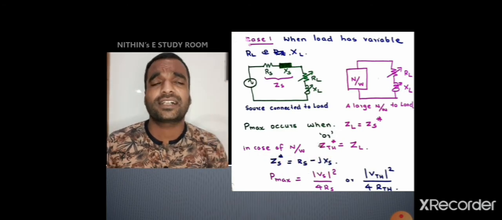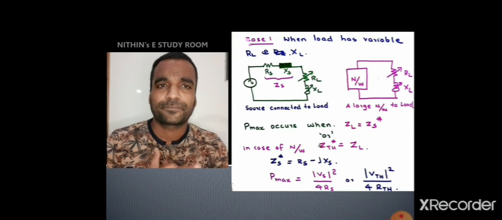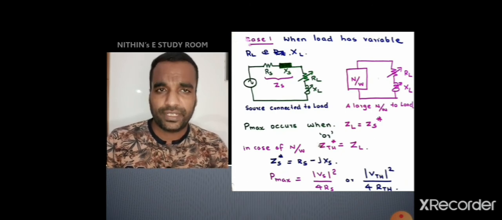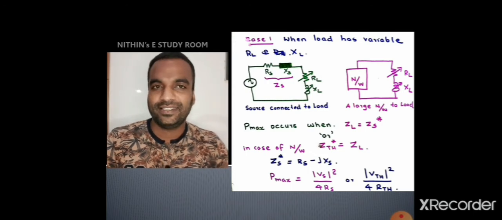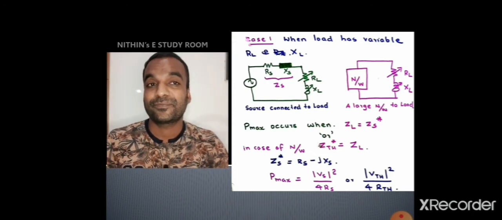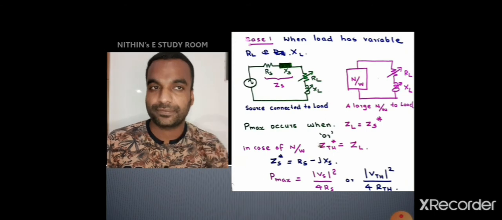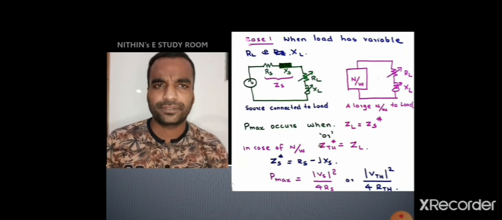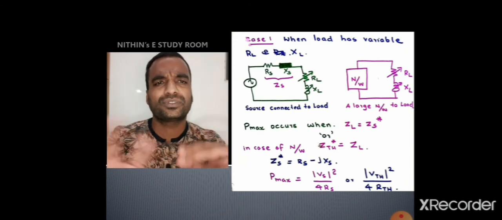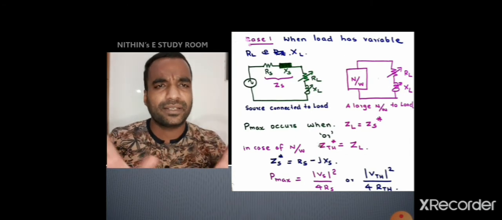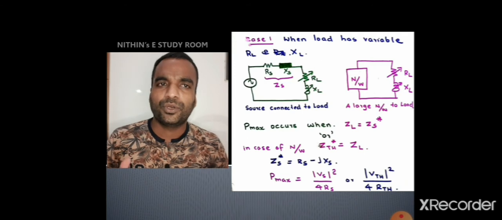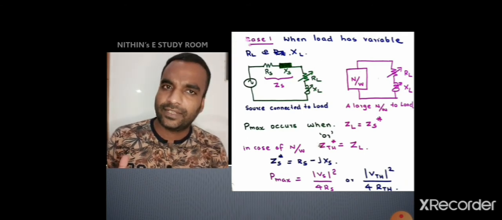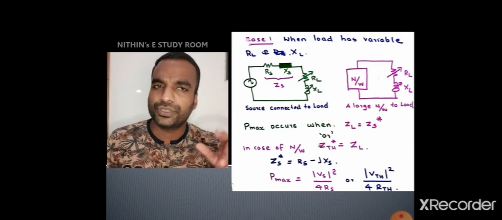Now, in case of a large network, we can say Z load is equal to Z Thevenin conjugate. So these both things are transferable. From the exam point of view, in questions you will get a big network only. You have to calculate Z Thevenin and take the conjugate of Z Thevenin.